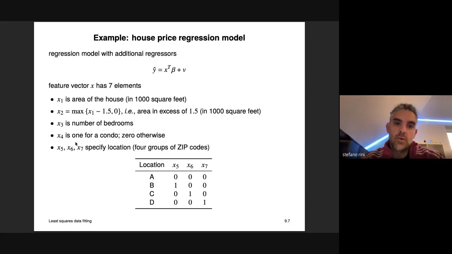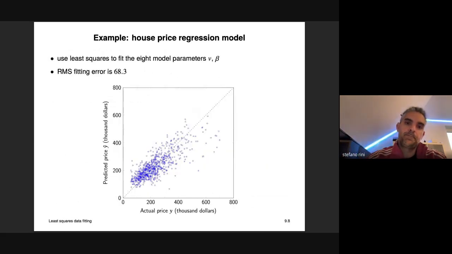And here, notice that x4 is a binary variable on whether it's a condo or not, which is 0 if it's not a condo, 1 if it's a condo. So now, of all the possible types of houses, you have also selected one categorical variable to determine the price. So very good.